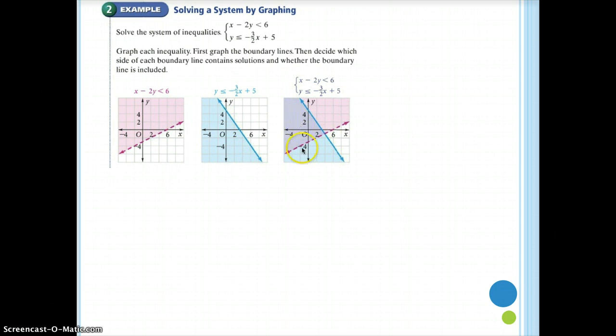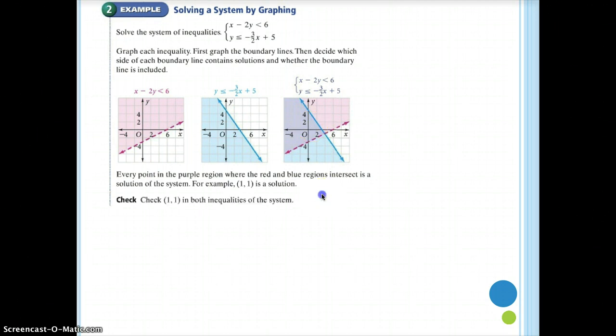Anyway, any test point in the region, and we can plug it in to both inequalities to see whether or not this solution will work for both. Here they pick the solution 1, 1, this one that would be floating here in this region, and they check it in both. So here's them checking, and surprise, surprise, it works for both inequalities.